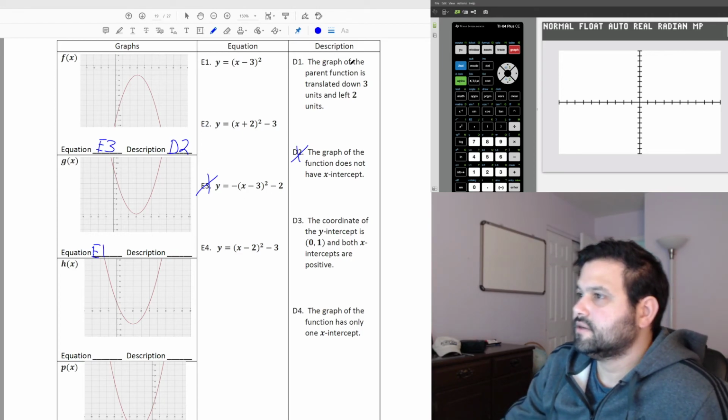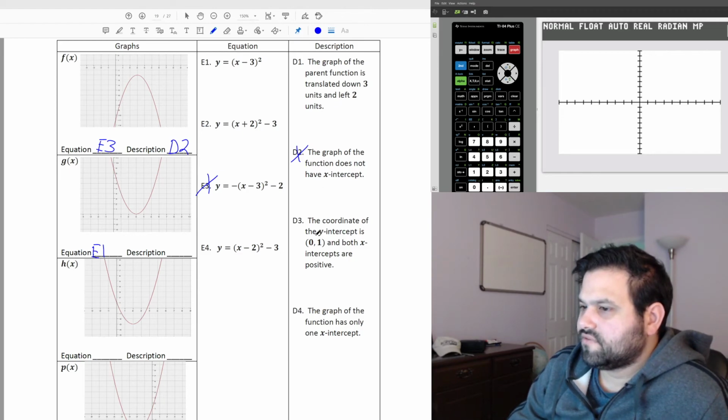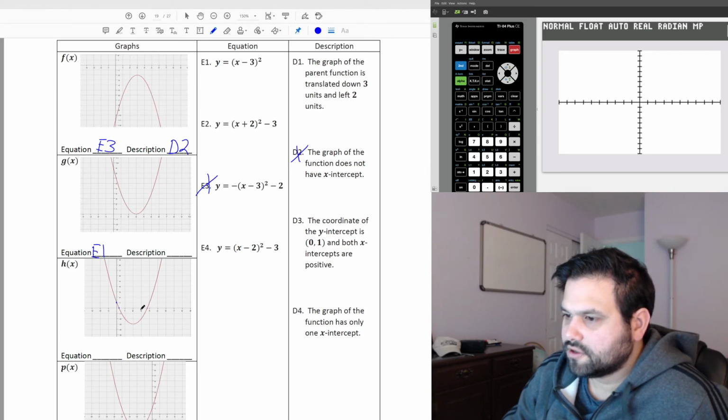Description, let's see. Down 3, left 2. No. Coordinates of the y-intercept is 0, 1, and both x-intercepts are positive. Y-intercept is 0, 1. Yeah, that's correct. Both x-intercepts are positive. Yeah, both of those x values are positive.